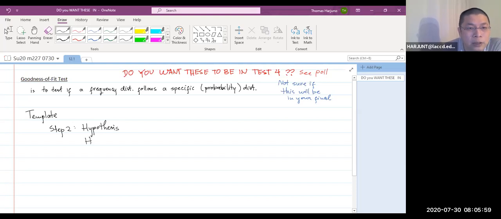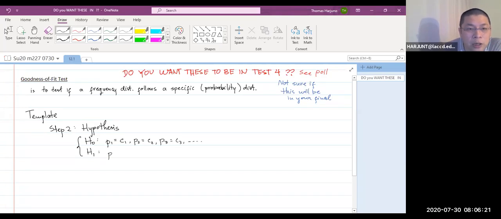Null hypothesis: P1 equals constant 1, P2 equals constant 2, P3 equals constant 3, and so on.